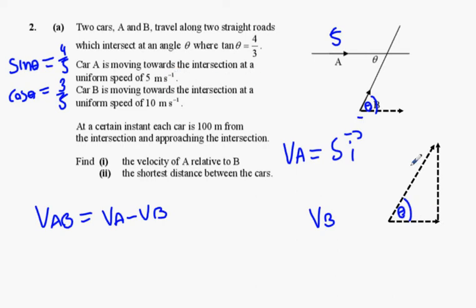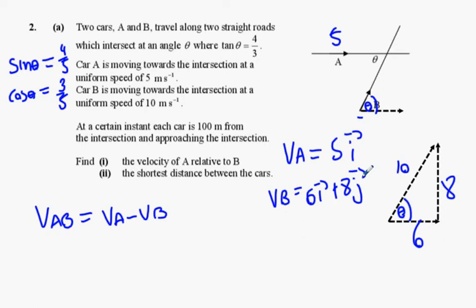It's 10, isn't it? So that makes that 10 cos theta, and makes that one 10 sine theta. 10 sine theta is 8, 10 cos theta is 6. 6 and 8. So what I can get here is this. Phi B equals 6i plus 8j.